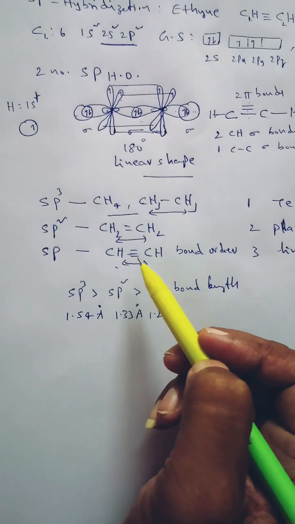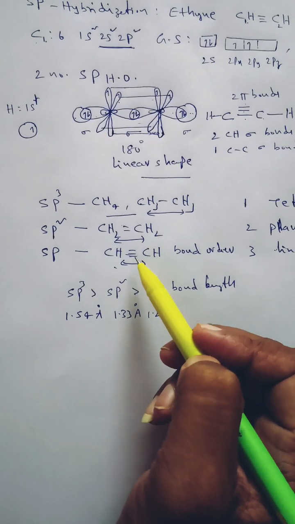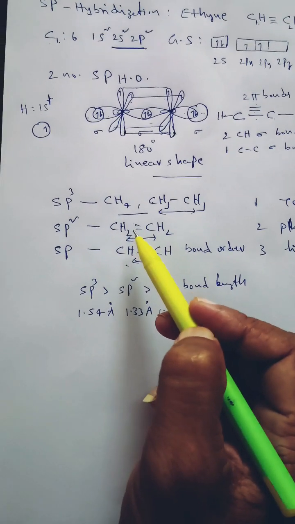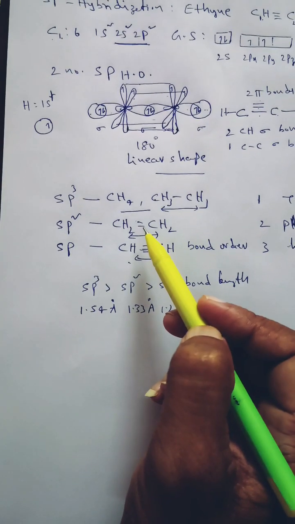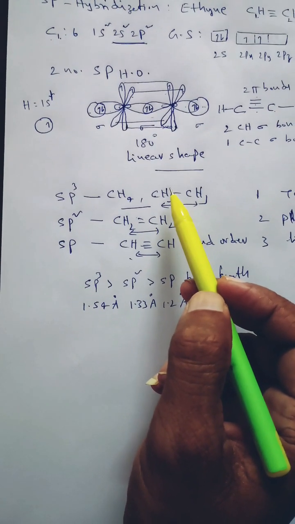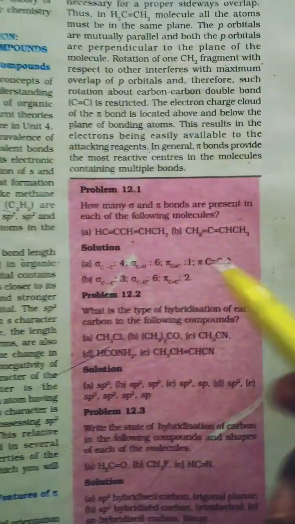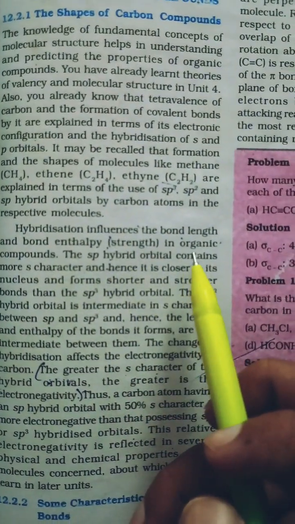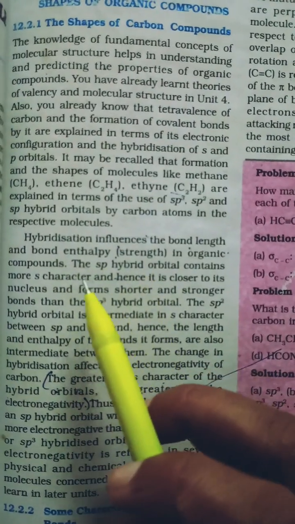So enthalpy is more for the triple bond, that means sp hybrid orbitals, and after that sp2 hybrid orbitals, and then sp3 hybrid orbitals. So hybridization influences the bond length and bond enthalpy in organic compounds.